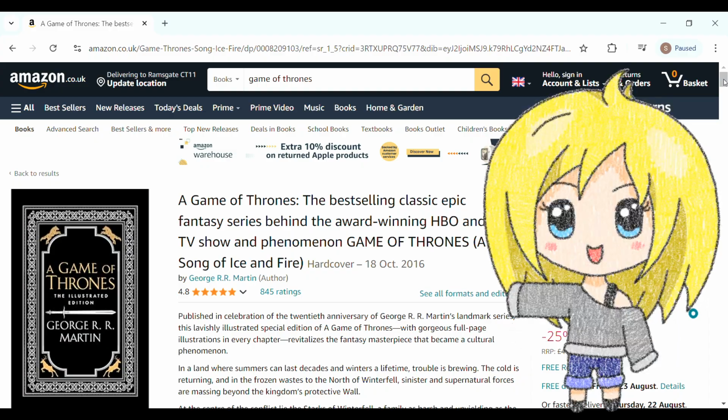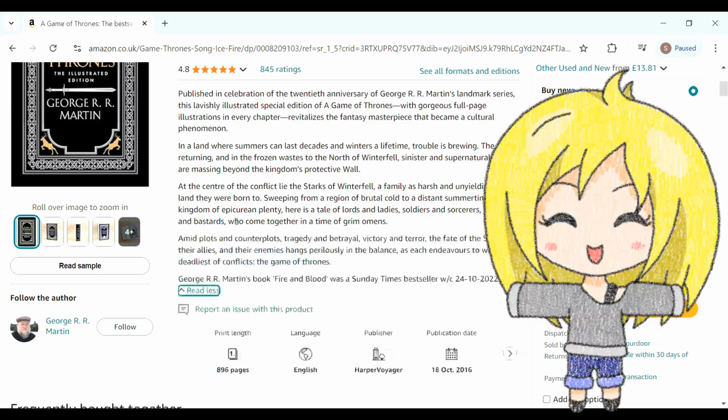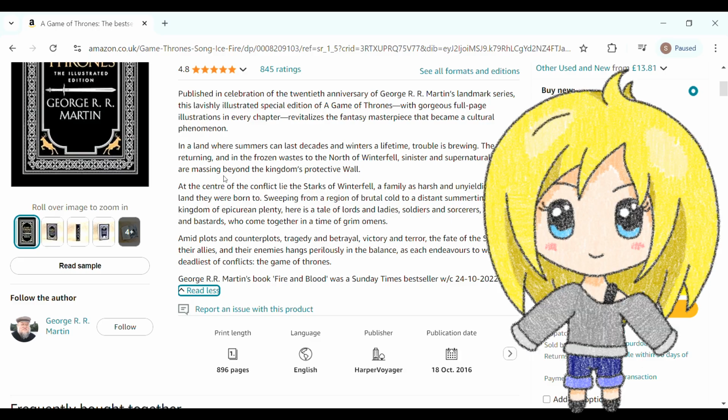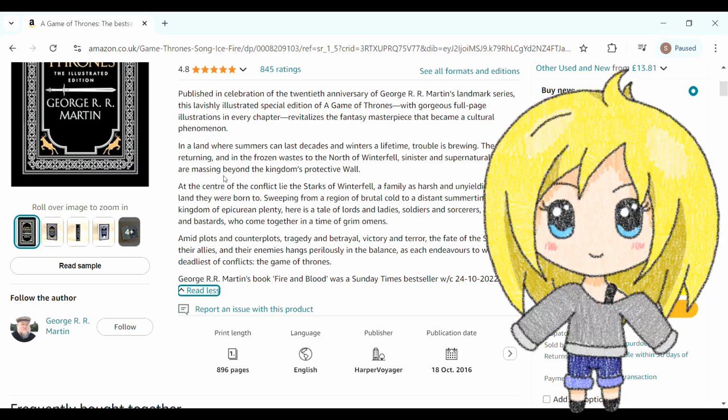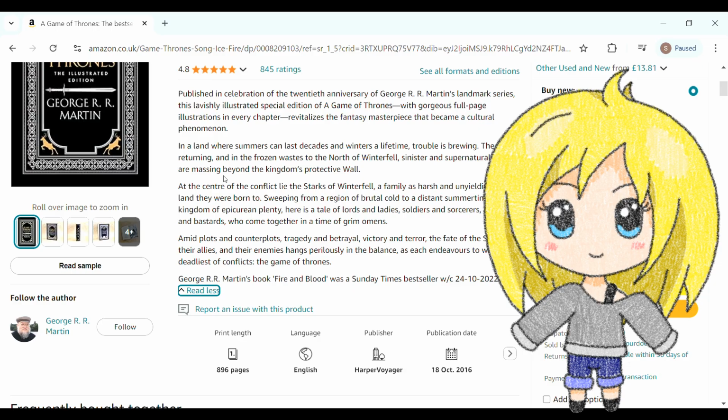We'll go with one of the most popular fantasy novels of our generation, Game of Thrones. In a land where summers can last decades and winters a lifetime, trouble is brewing. The cold is returning, and in the frozen wastes of the north of Winterfell, sinister and supernatural forces are massing beyond the kingdom's protective wall.